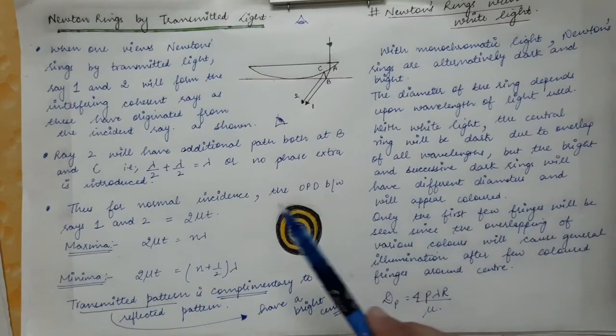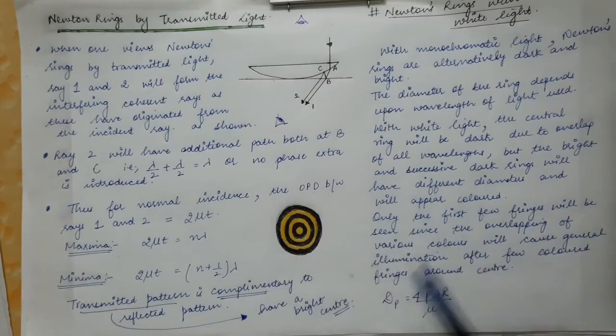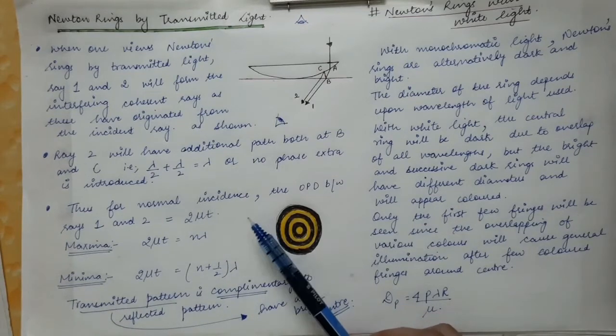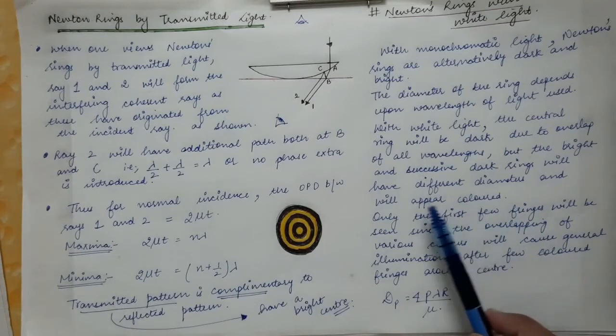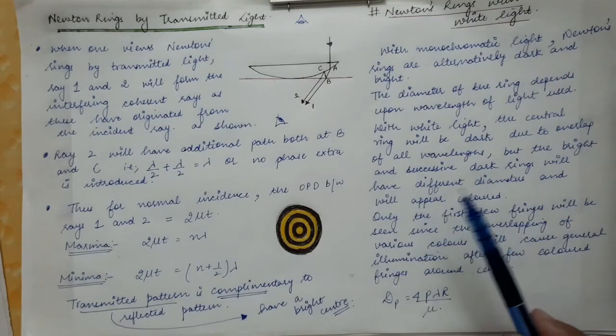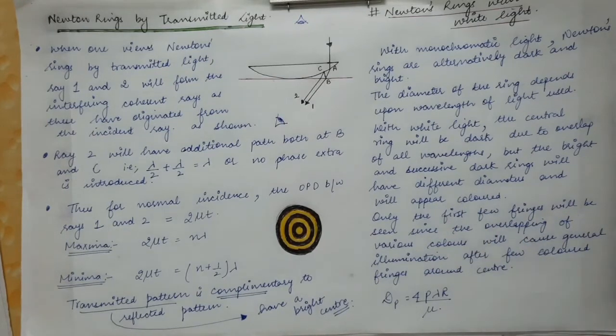Obviously the path difference in case of the reflected light is equal to 2 mu t plus lambda by 2. So the path difference depends upon lambda. Therefore the fringes which are obtained around the central fringe are colored.